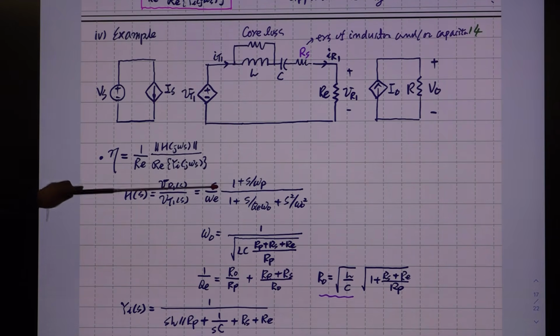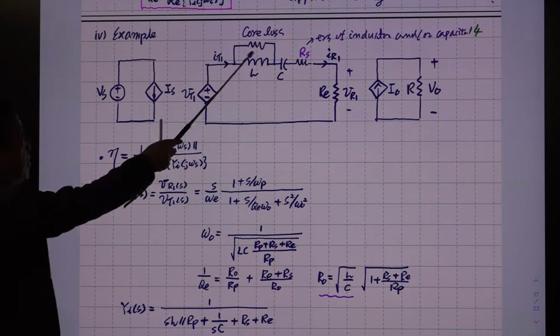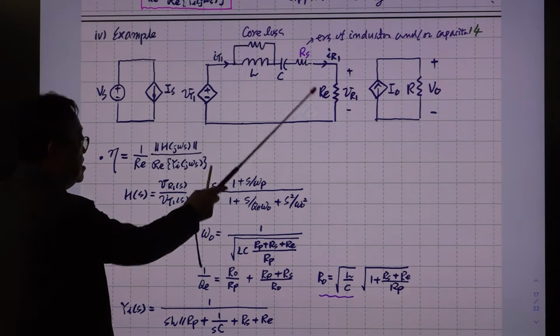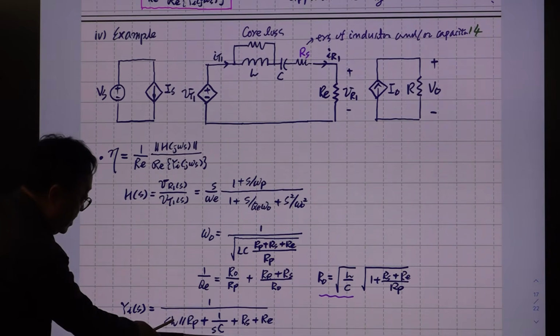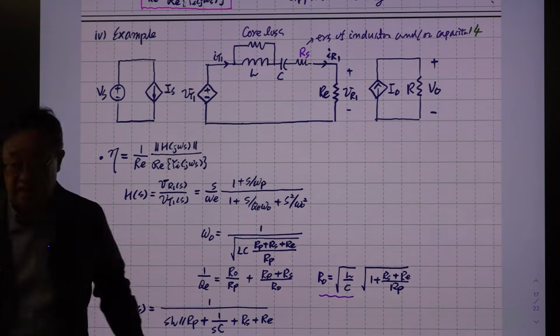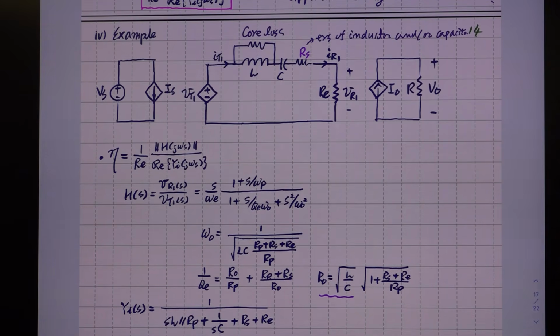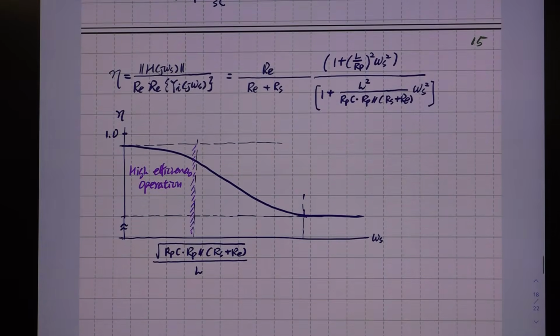Here we evaluate everything. So this is the H(s) expression with these two parasitic resistances. And this is the Y(s) admittance expression with these two parasitic resistances. Looks complicated, but it really doesn't matter. It is just a matter of calculating some simple complex algebra, and efficiency is shown here.